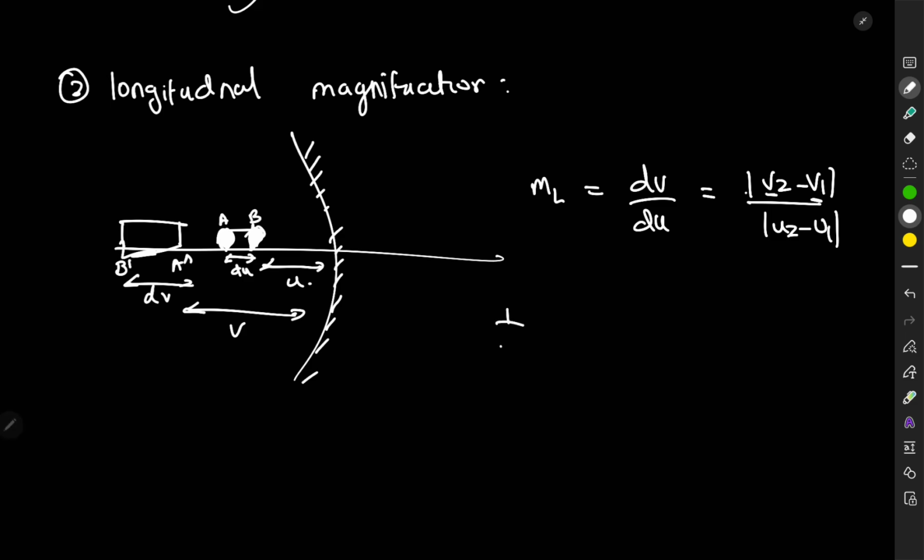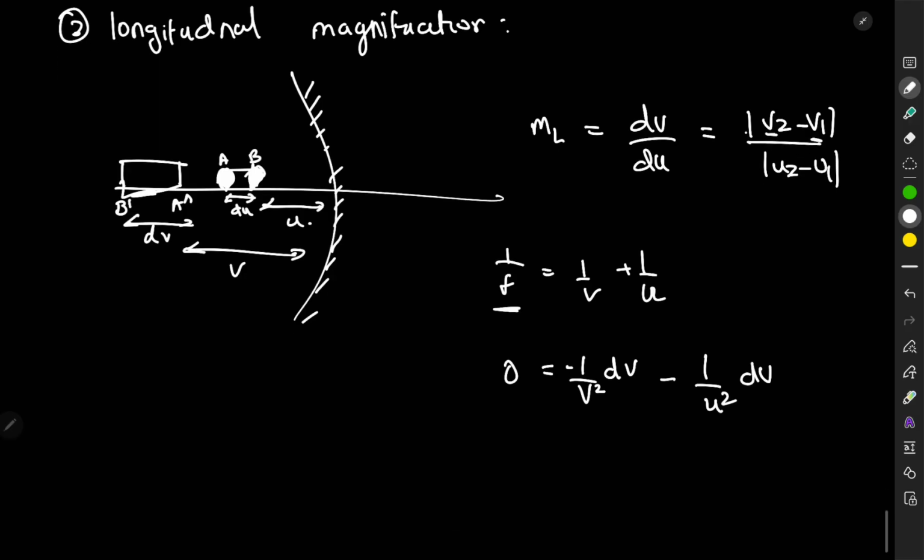So let's go for this formula. 1/f = 1/u + 1/v, both are the same. Let's try to differentiate this. So f is a constant, so it will become 0. 1/v becomes -1/v^2 dv, and -1/u^2 du, fine.